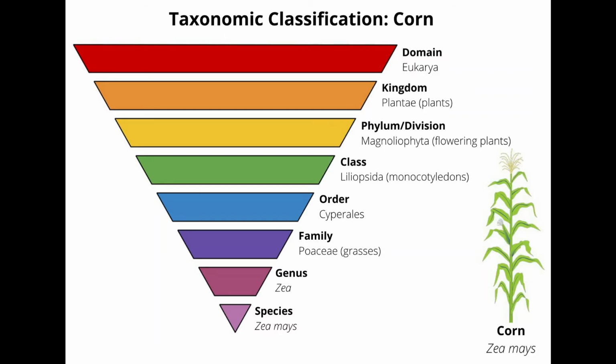Another example for taxonomic classification is corn. Corn is under the domain of Eukarya. Second, corn is also part of kingdom Plantae because corn is a plant. Then corn is under phylum Magnoliophyta because corn is a flowering plant. Corn is part of class Liliopsida because of monocotyledons.